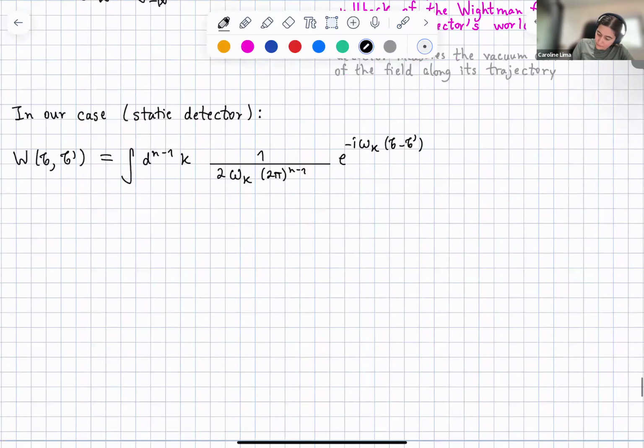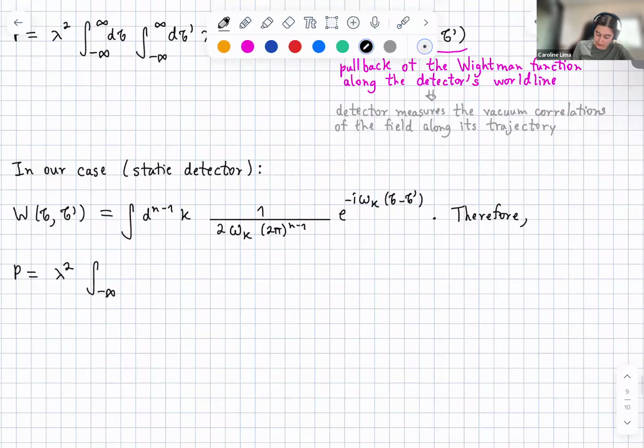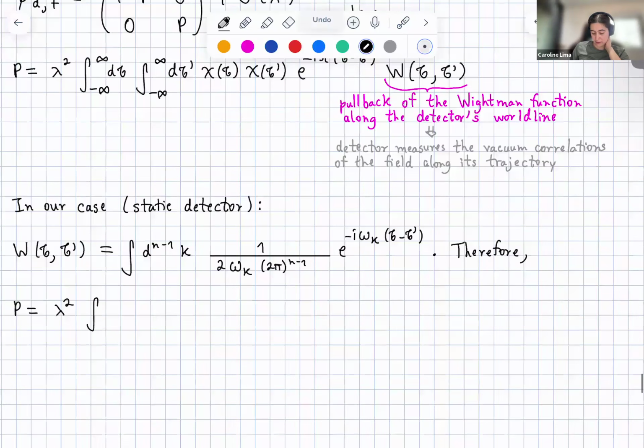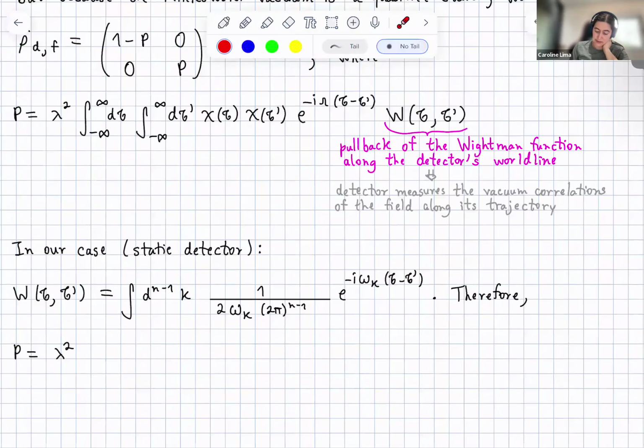So what we have for P is going to be lambda squared times the integral. I can swap the order of this k integral and the tau and tau prime integrals.